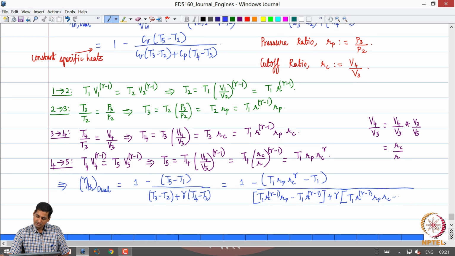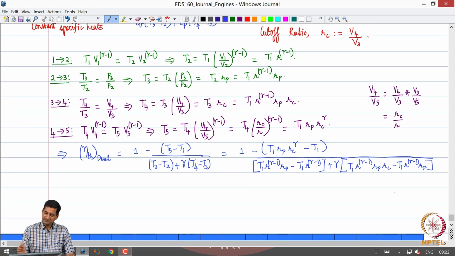T3 is what? T1 R power gamma minus 1 Rp. Am I correct? I am just substituting the appropriate values of the temperatures that we have already derived.